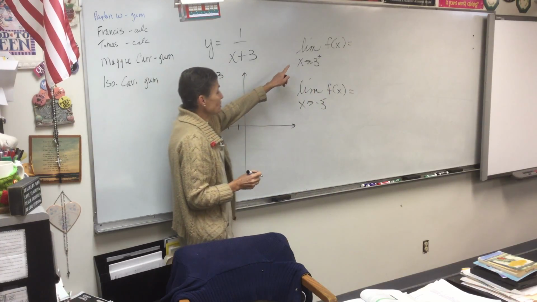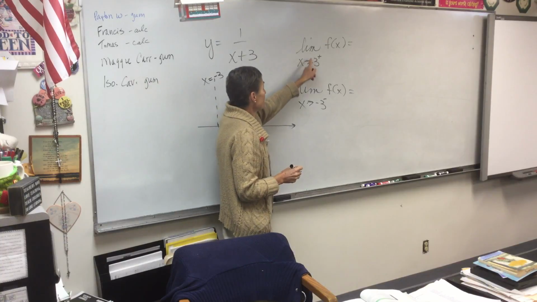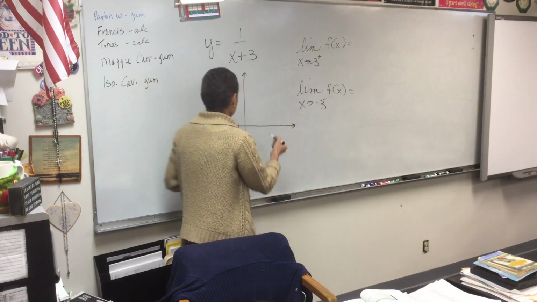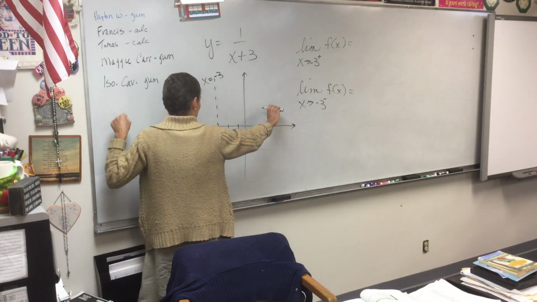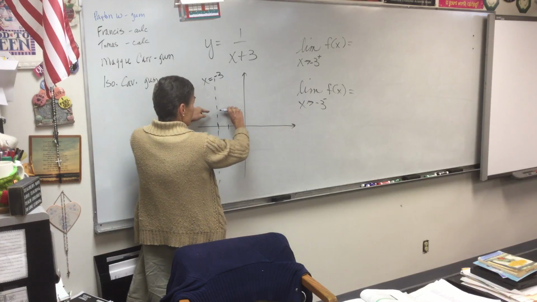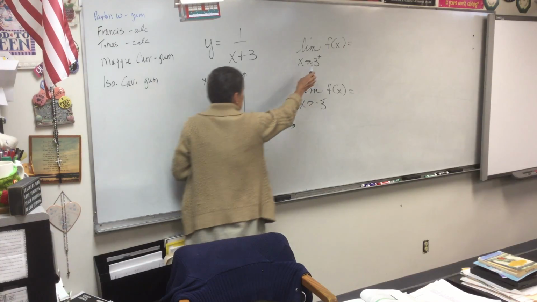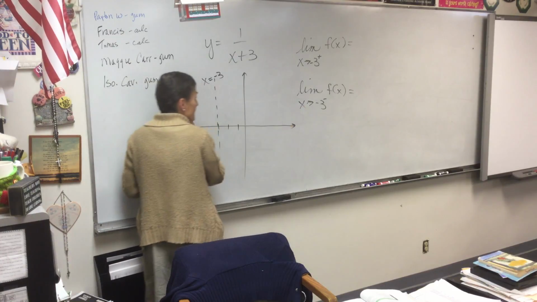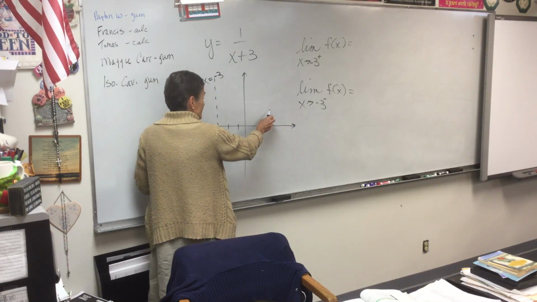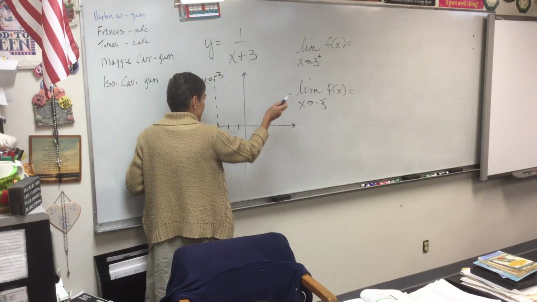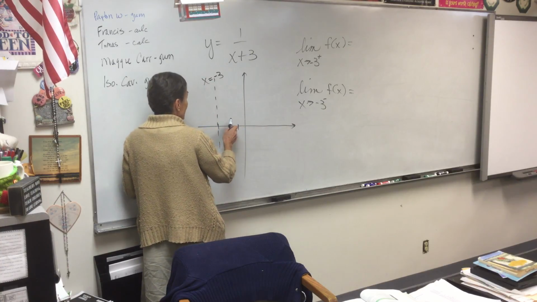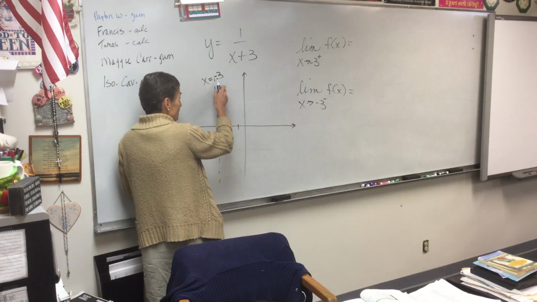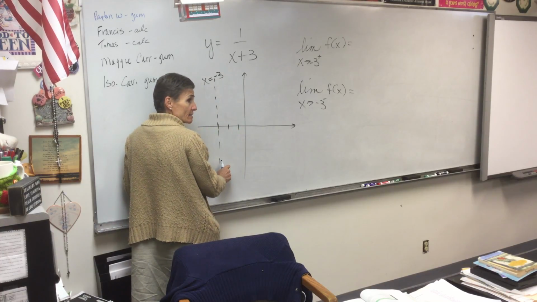So again, your notation says the limit as x approaches -3. This says from the positive or the right side, and this says from the negative or the left side. What's going to happen? Well, the curve's going to come in, and it's either going to go up like this, or it's going to go down like this.